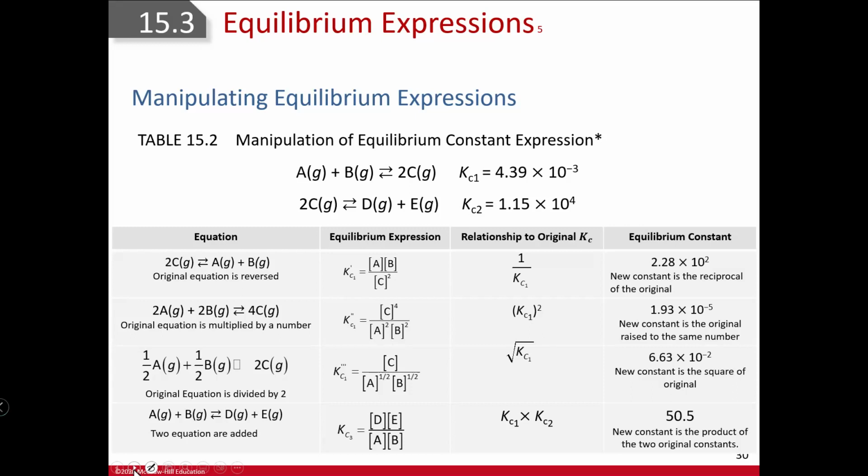So we actually multiply them. The first one has a certain equilibrium constant. The second one has an equilibrium constant. I multiply those together, and I will get the overall equilibrium constant for that combined reaction.